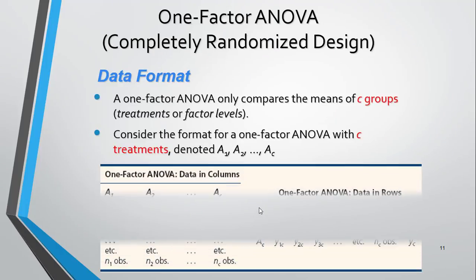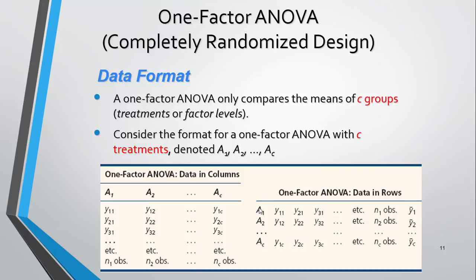So, data format. When you enter data in an Excel spreadsheet or other software, you can enter it both ways. One factor ANOVA only compares the means of C groups, right? And then you can consider the format of one factor ANOVA with the C treatments, A1, A2, all the way to AC, the treatments. You can enter the data in columns.